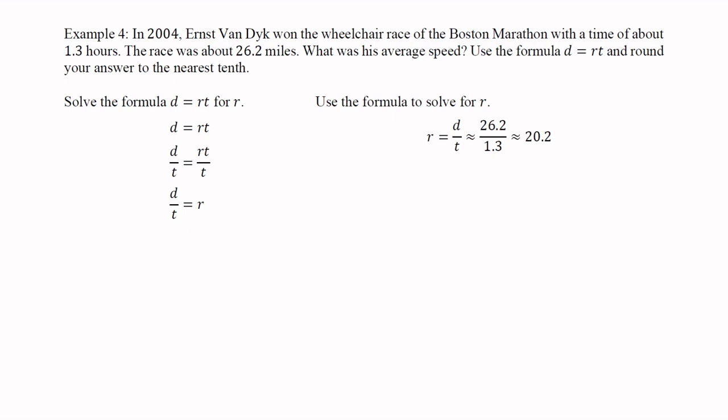By doing r equals d over t, we can put in our distance, which is 26.2 miles, and we can put in our time, which is 1.3 hours, and we end up with 20.2. And our units here would be in miles per hour. So Van Dijk's average speed was about 20.2 miles per hour.